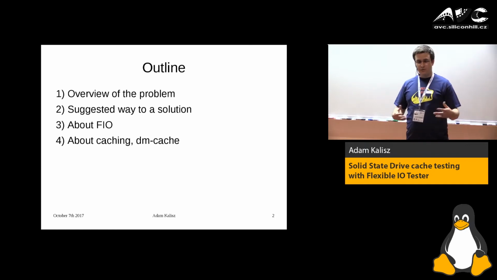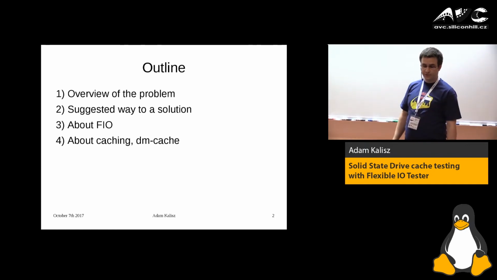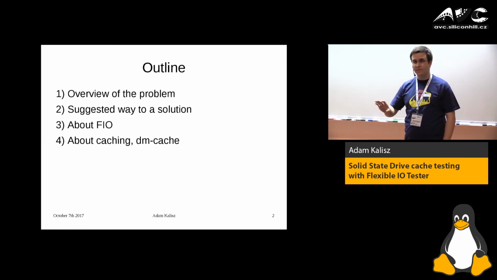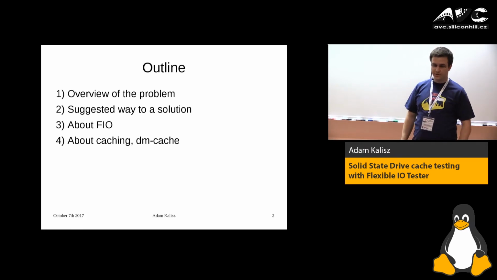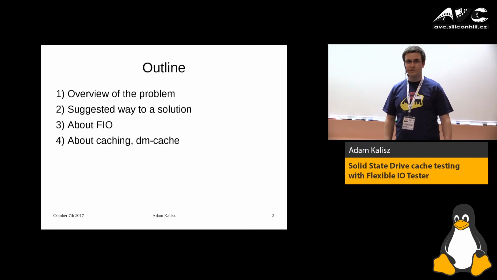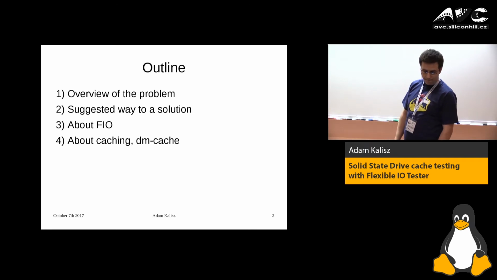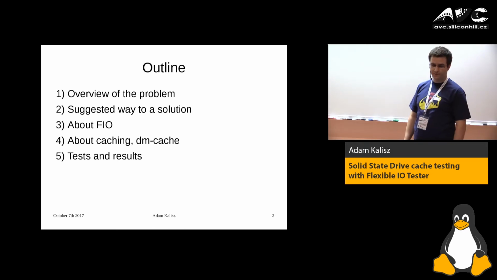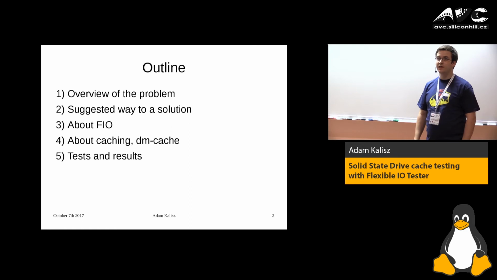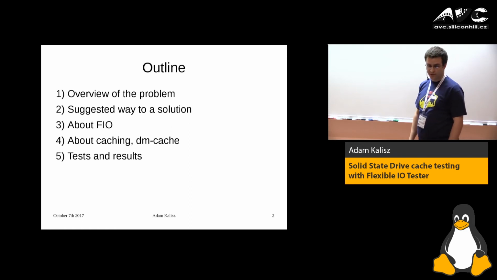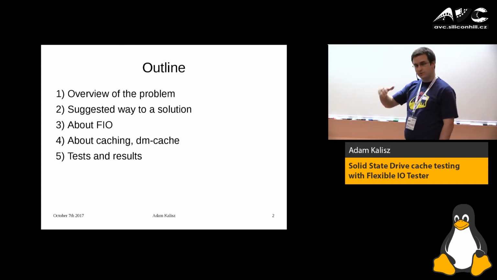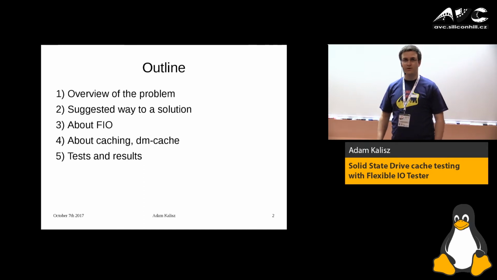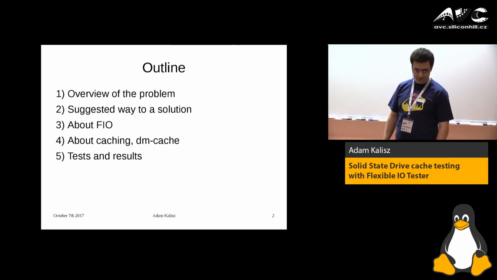Then I'll go over some theory of caching and the implementation in the Linux kernel device mapper cache. Last point is the tests and presentation of some of the results I measured, and obviously some kind of outlook and your questions.